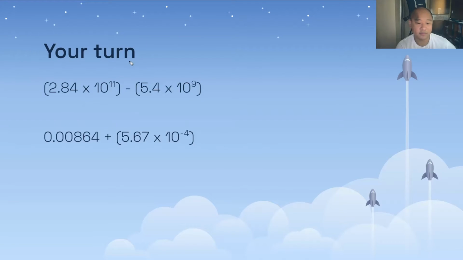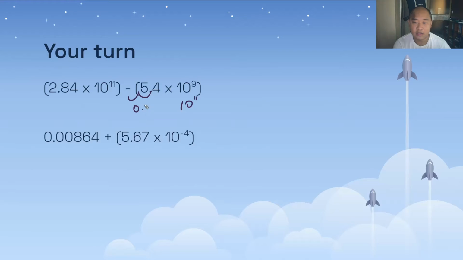Welcome back. Okay, so the first one is subtraction. I guess we will convert them both to 10 to the 11th. So I'm going to move this. This number got bigger, so this number needs to get smaller so that they stay the same. So it's going to move over 2, right?